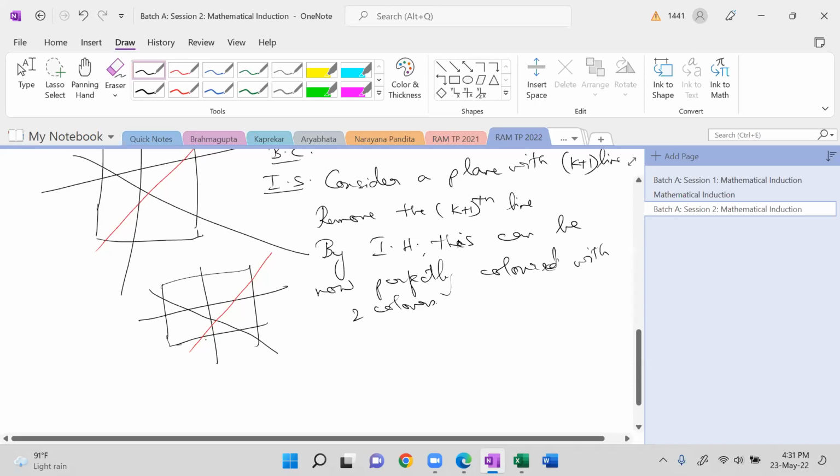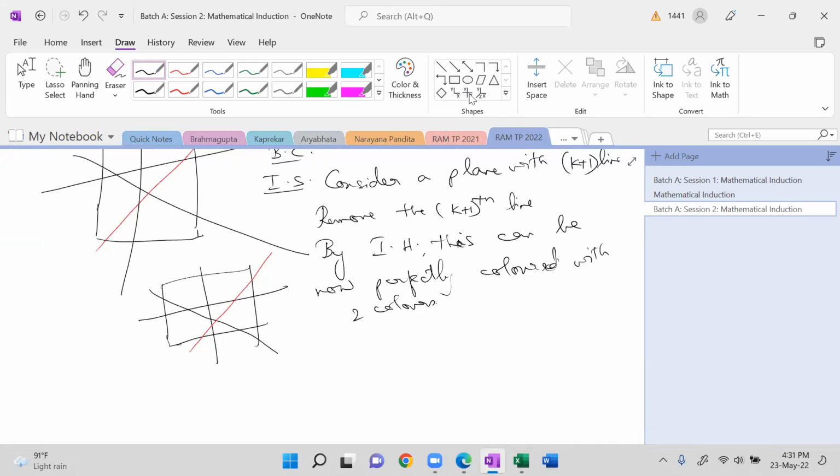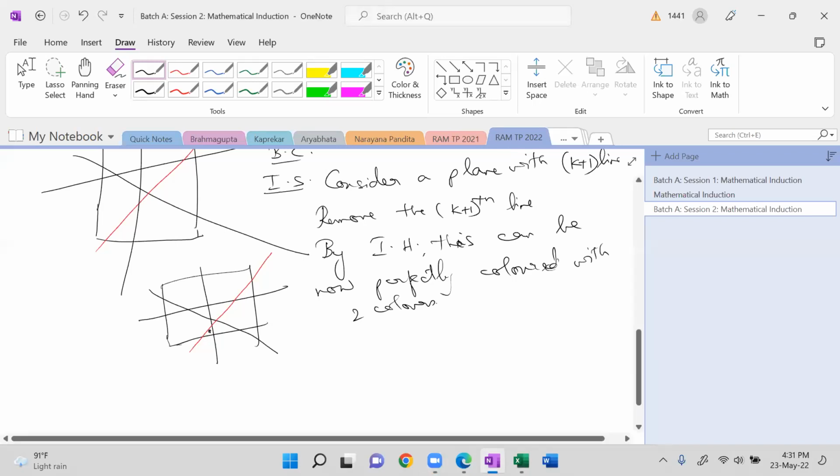And then we tell the adversary that, look, this could have been perfectly colored when you had k lines. So whatever color existed here, let me put dots and crosses, it would have been something like this, and for the rest of the plane, right? So on one side you swap and on the other side you don't swap.